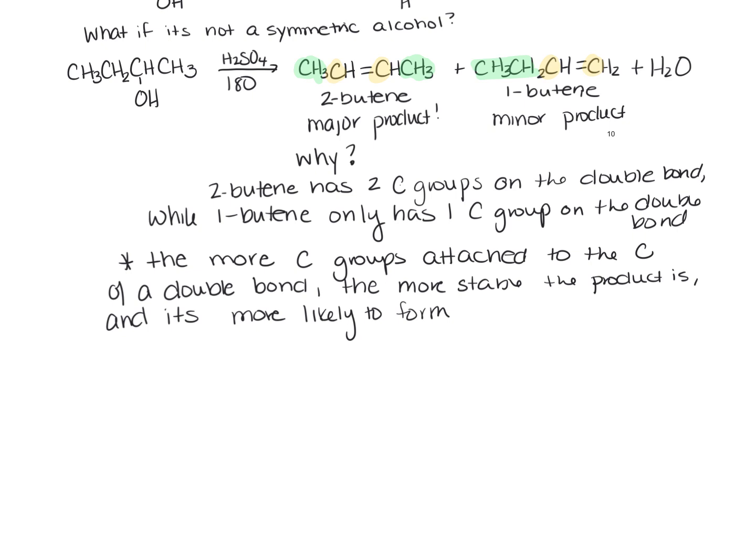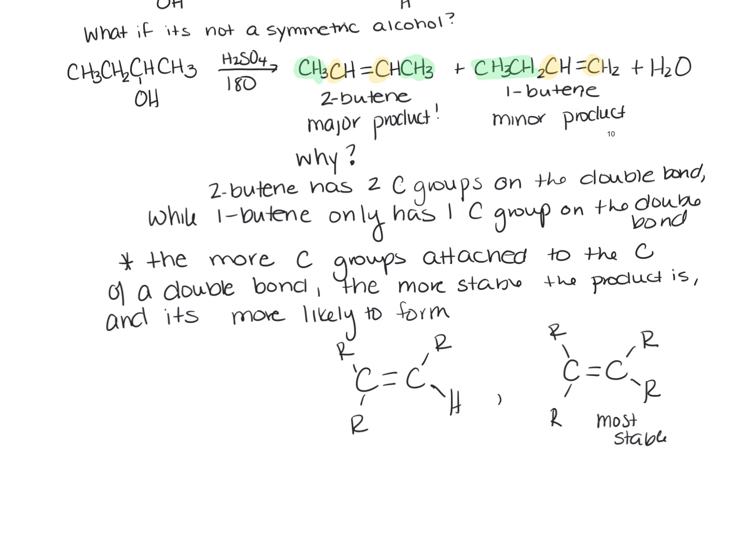And so when we talk about this, you can have a carbon-carbon double bond with 4 R groups, and that would be the most stable, right? And then you can have a carbon-carbon double bond with 3 R groups, and that would be less stable than the most stable.